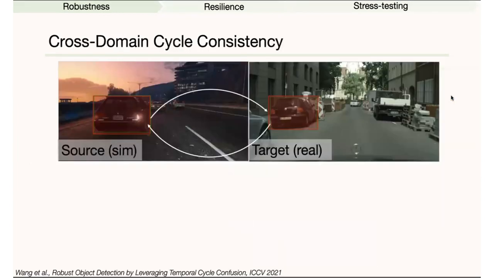Intuitively, what that's going to do is consider the simulated image on the left and a target real image on the right. We want the model to embed in feature space similar looking instances close to one another, right? In this particular image, these are results from the model that we learned. These two cars are deemed to be more similar in feature space than any of the other cars in the scene on the right.